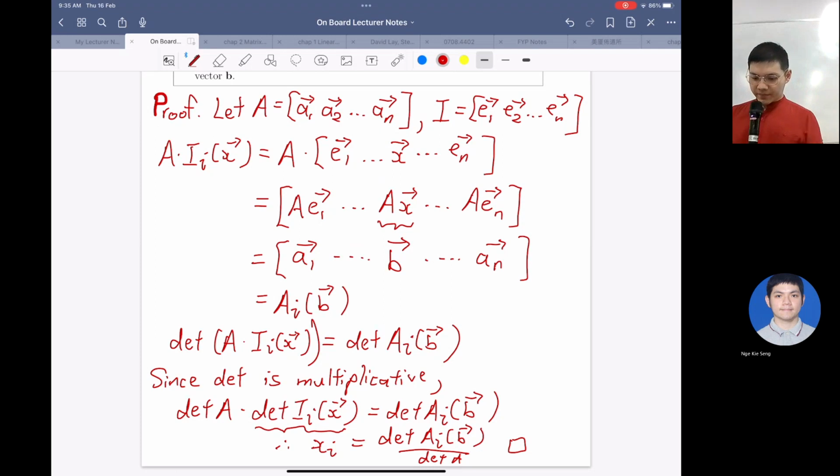All right, so this is one way to find the solution. Today we meet a new way to find the solution, not by using the augmented matrix but Cramer's rule. Depending on which one is easier, you can pick your poison.